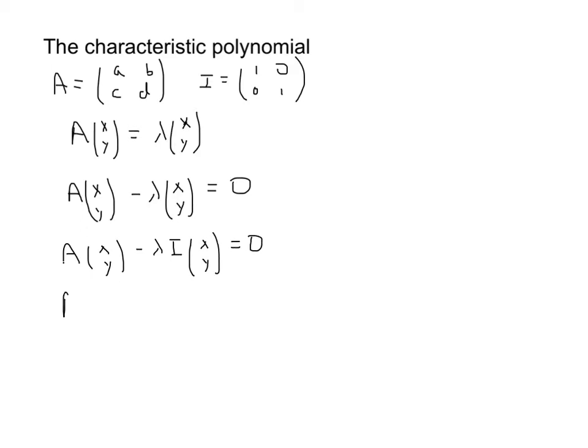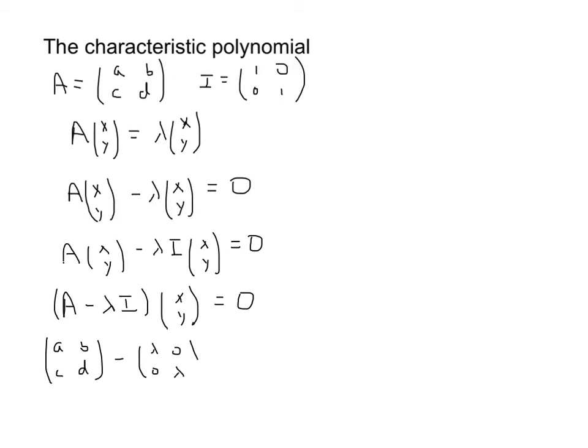And now I can say this is A minus lambda I times xy, and that's A, B, C, and D, and lambda times I is just lambda 0, 0, lambda, all times xy, and that's 0.